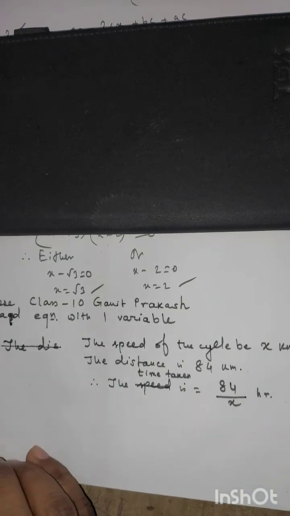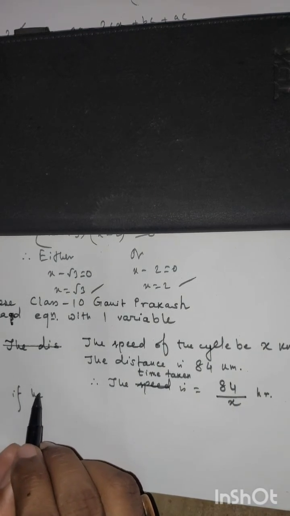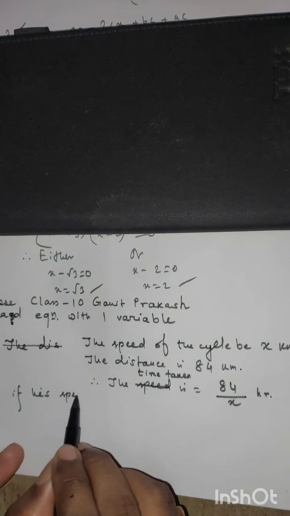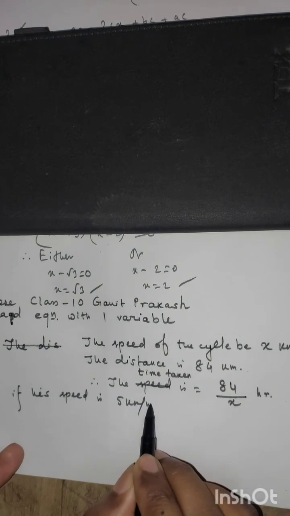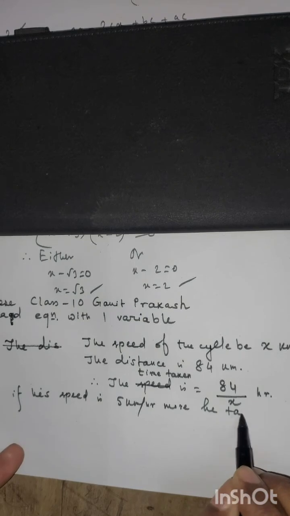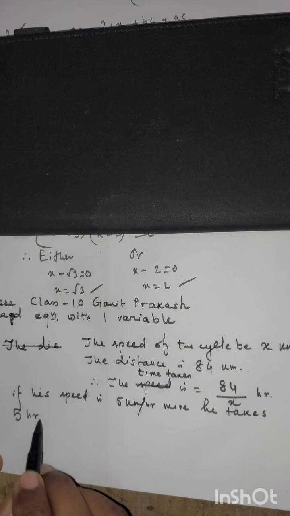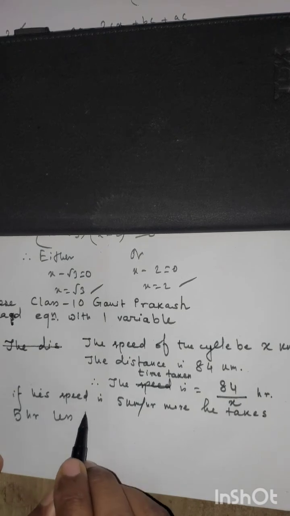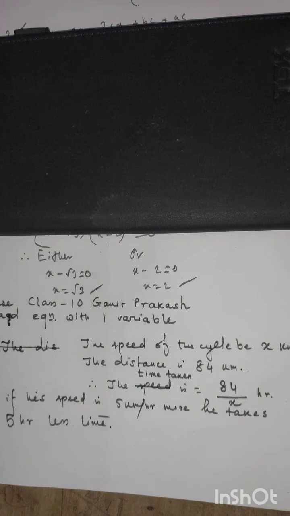Now the question says, if his speed is 5 kilometers per hour more, he takes 5 hours less time. If his speed is 5 kilometers per hour more, he takes 5 hours less time.